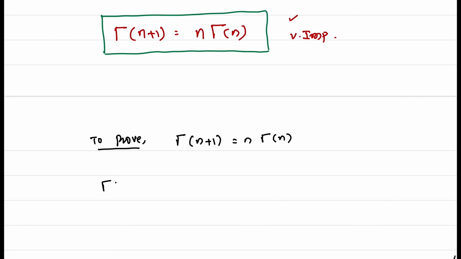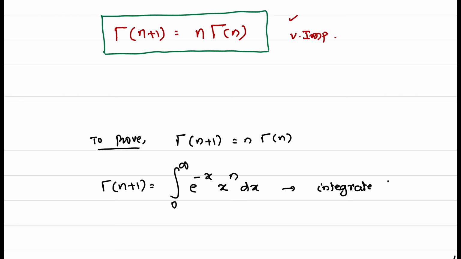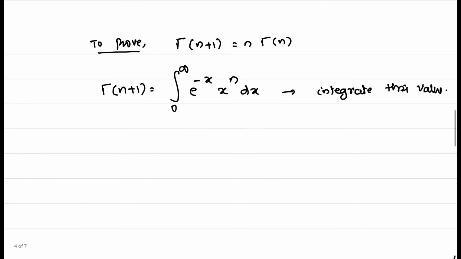Let us say from definitions, gamma n plus 1 is equal to integral 0 to infinity e to the power of minus x into x to the power of n dx. X to the power of n plus 1 minus 1 will become n, because we have taken n as n plus 1. Then integrate this value. This is a preliminary integration by parts, which you can do very well, and you treat this as homework and do it.